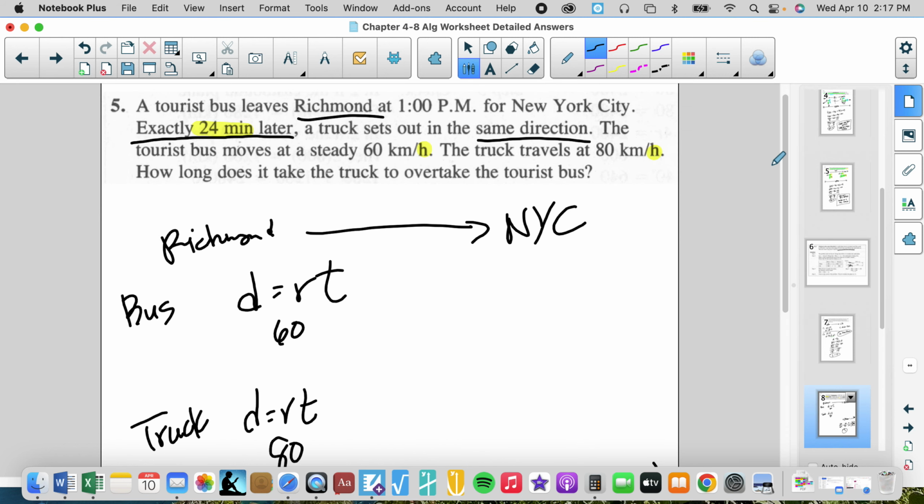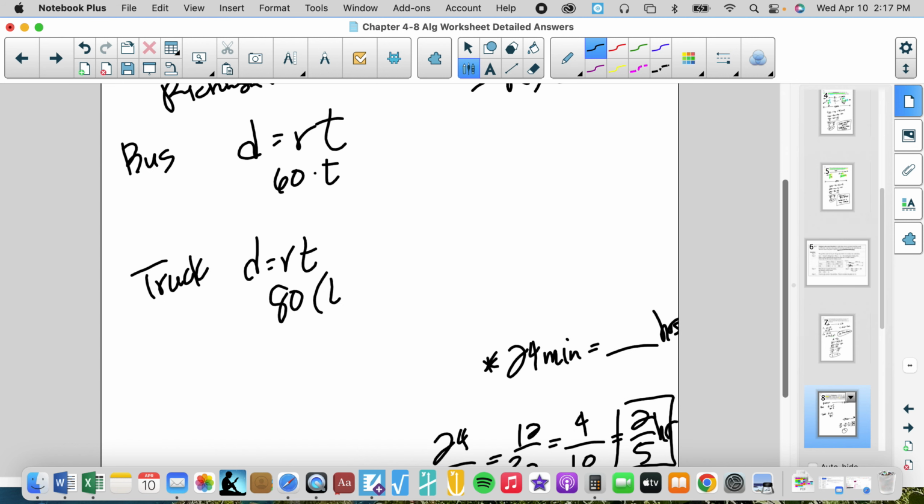So later the truck. My bus's time is going to be t, and my truck's time is going to be t minus 2/5, because it doesn't travel the same amount of time. And we want to know, when does the truck catch up to the bus?